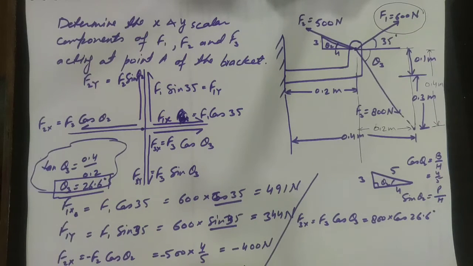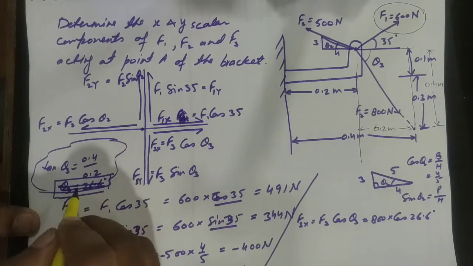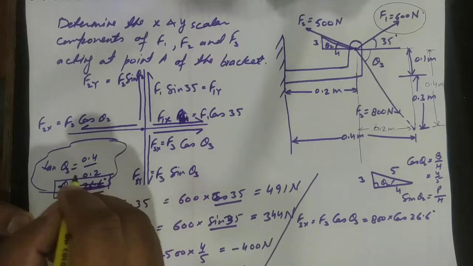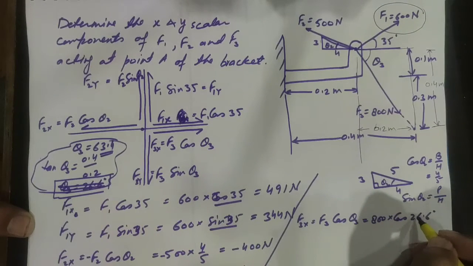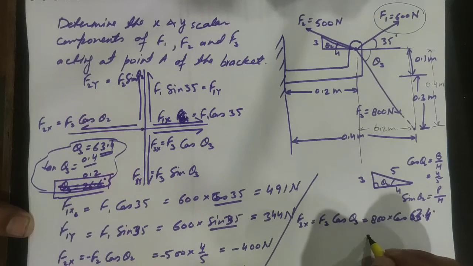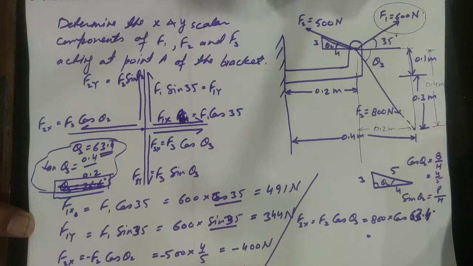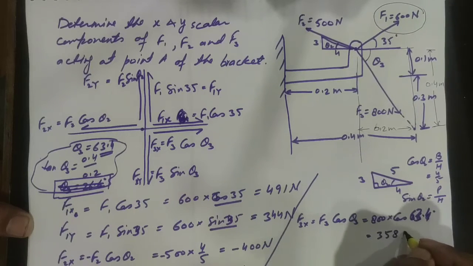That theta 3 will be 63.4. With 63.4, then that will be 358 Newton.